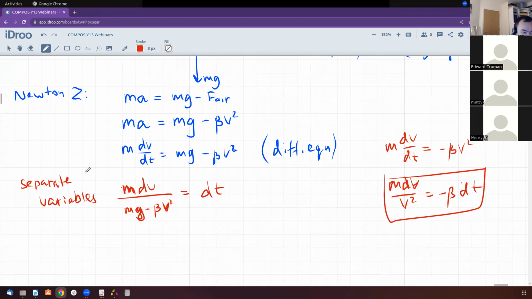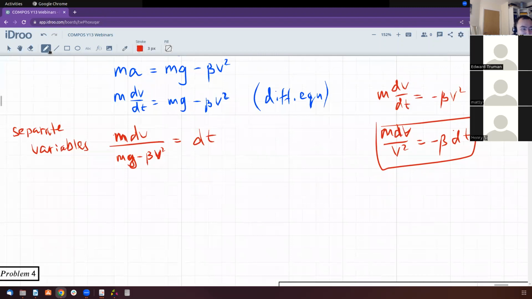Okay. Now, before integrating this, because this does not look like something I want to integrate, I'm going to cancel. I'm going to take minus beta as a common factor on the bottom.